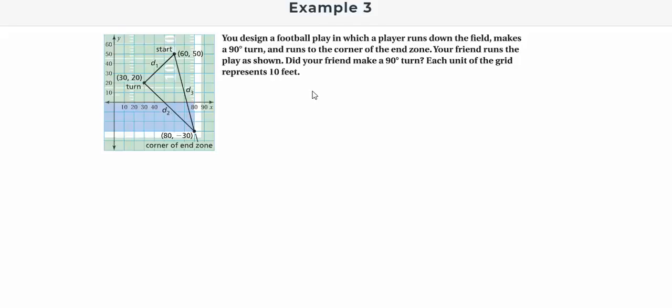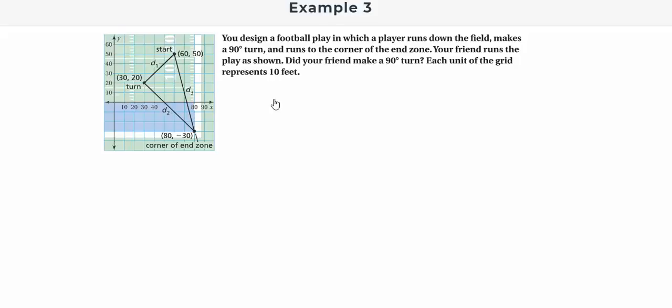So, what we know, if he did make a 90-degree turn, that would make this triangle a right triangle. One of the characteristics of a right triangle is that it has a right angle. So if the triangle has a right angle, then it's a right triangle.